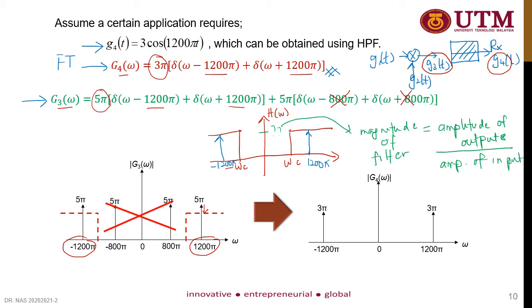So in this particular case, the output required is 3 pi, so it is basically 3 pi divided by the input, which is 5 pi. So this is basically the magnitude, or the coefficient, of the filter.